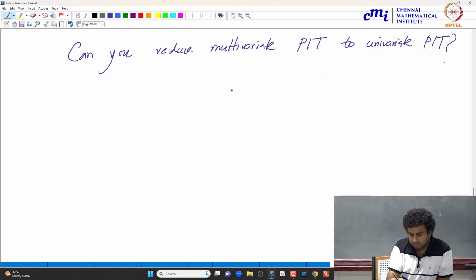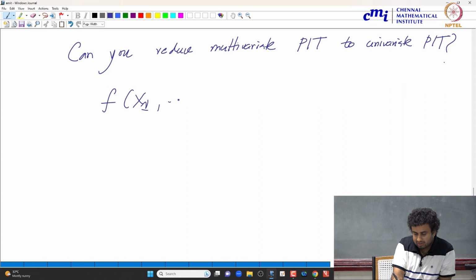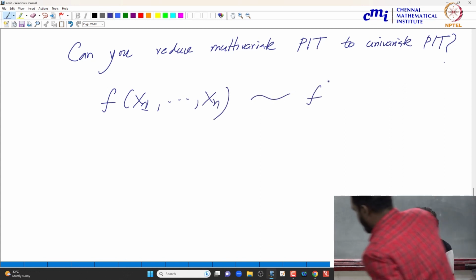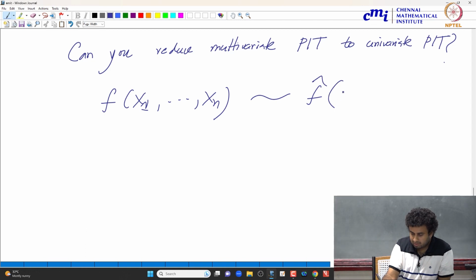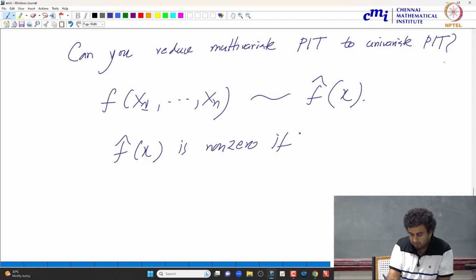Basically, the idea is that, given a polynomial f(x1, ..., xn), you can come up with another polynomial, say f hat(x), such that f hat(x) is non-zero if and only if f(x1, ..., xn) is non-zero.